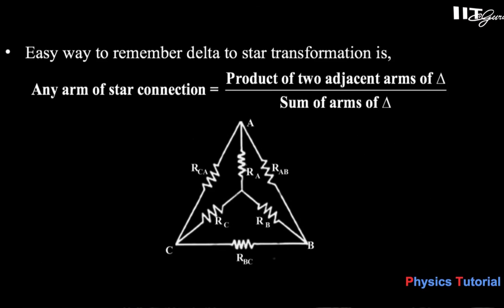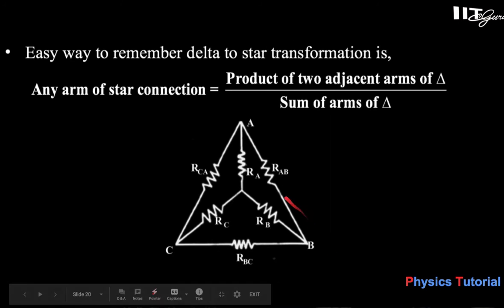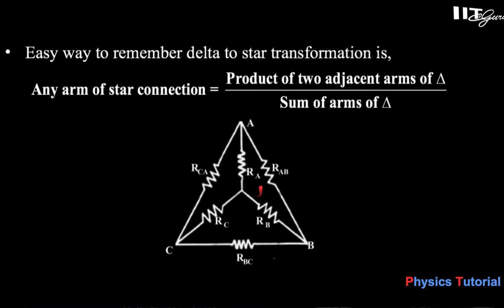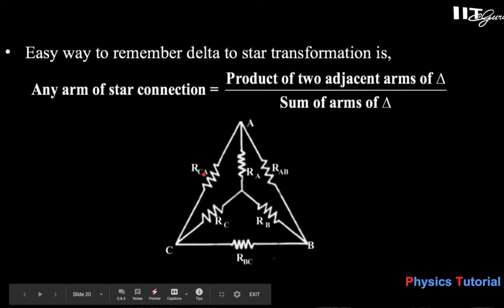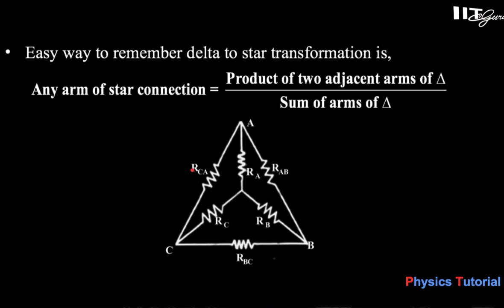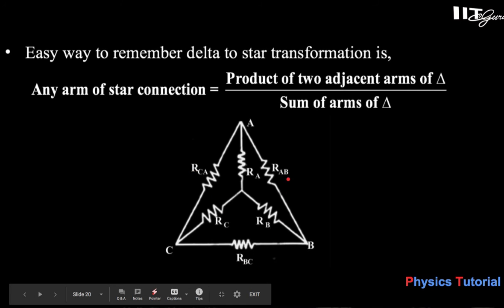Now how to memorize this? You can keep it in memory: here this is a delta, you can see A, B, C, and in the same points we have connected this star. So how to connect this delta and star? Suppose between A and C, that is RCA, and as here that was R1 R2 R3, we have used RCA, RBC and RAB.